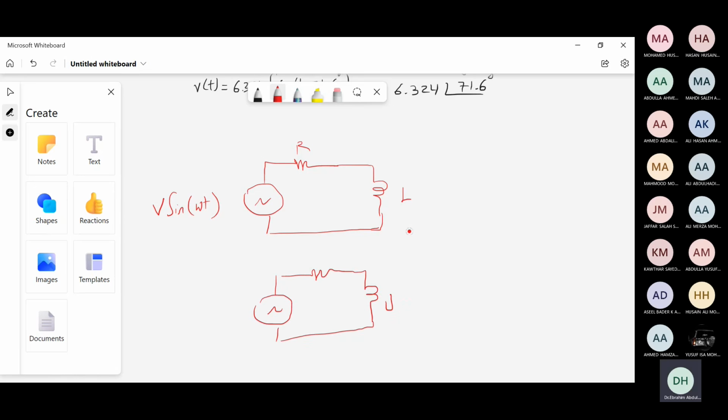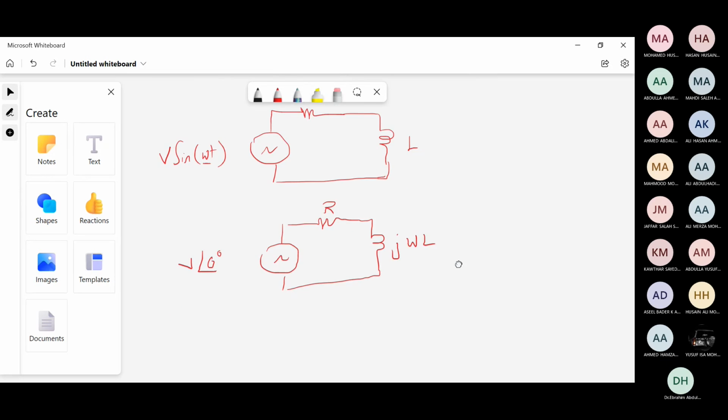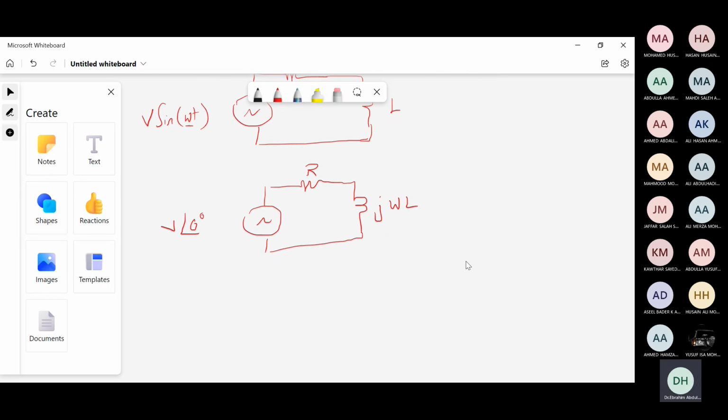So this one becomes J omega L, omega is this, and this would be R. And the value here is equal to V. If we have theta here, then it is angle theta. Theta equal to 0, then this is angle 0. Like output here, then this output is equal to V angle 0 multiplied by J omega L divided by R plus J omega L.